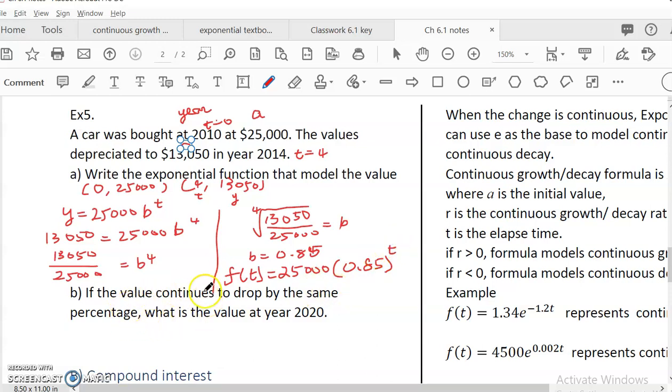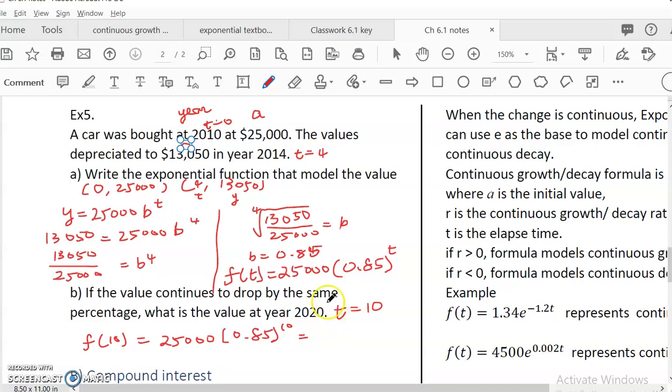Okay, so if the value continues to drop because it keeps on depreciating, what is it at year 2020? At year 2020, t would be 10, right? Because year 2010 is our 0. So we would just do f of 10: 25,000 times 0.85 to the power 10.